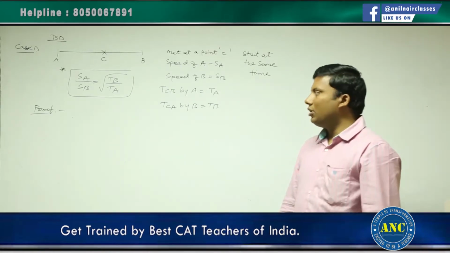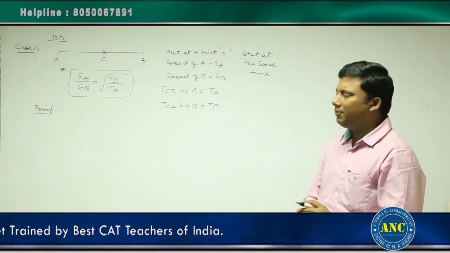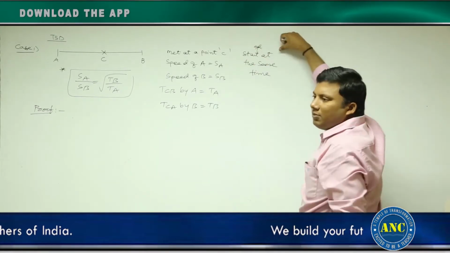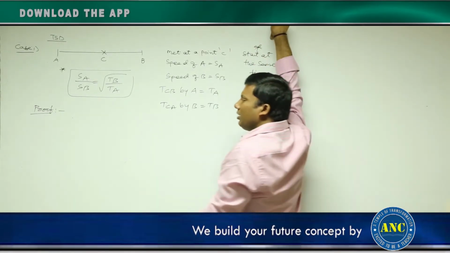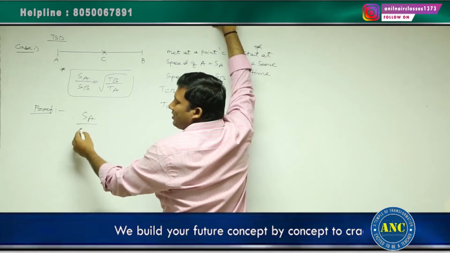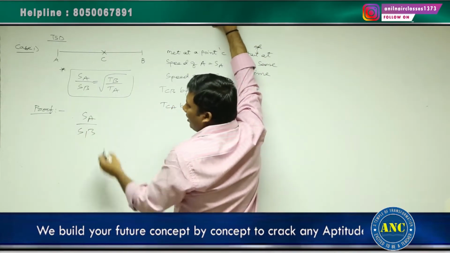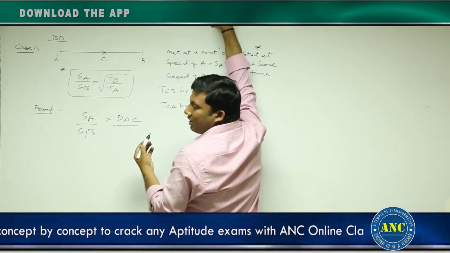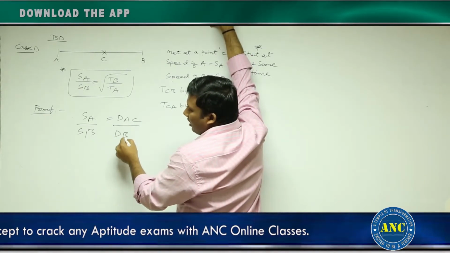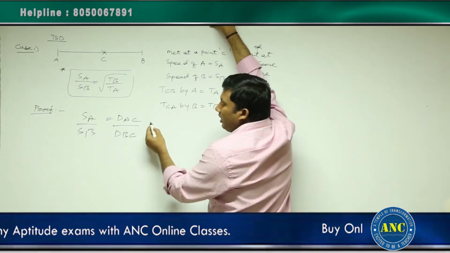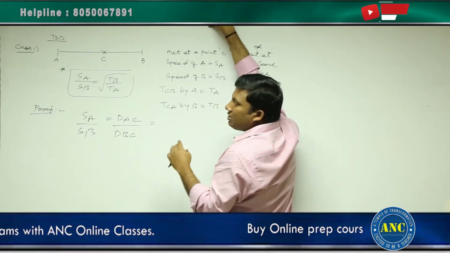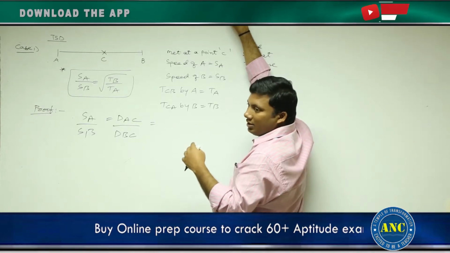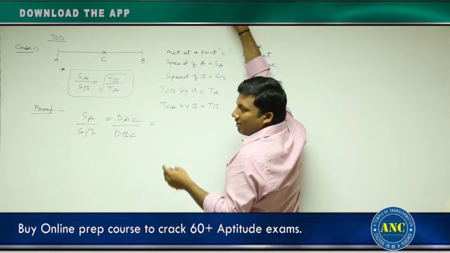Now see here, a very simple one-line proof. They started at the same time. If they both started at the same time, speed ratio is equivalent to distance ratio, SA by SB equivalent to distance A travels before meeting, D from A to C, to the distance B travels from B to C. The distance A traveled before meeting is traveled by B after meeting.